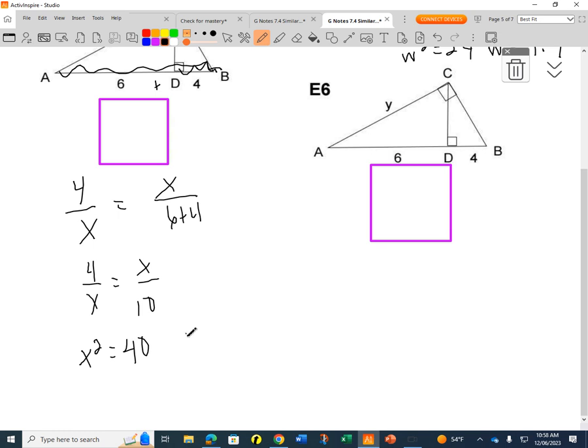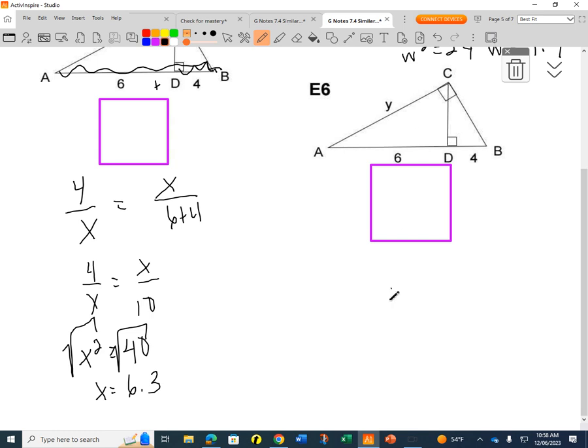Take the square root of both sides. The approximate answer here, if we round to the 10th place, is 6.3. We have to take the square root of both sides; that's how we get x. And these are lengths. The geometric mean represents a length. These other values represent lengths of these parts of these triangles, so we only use the positive solution.